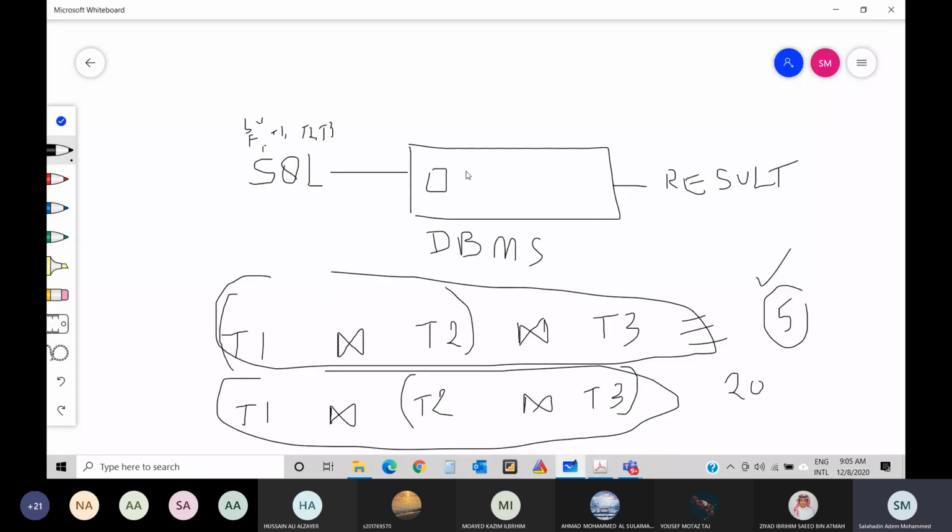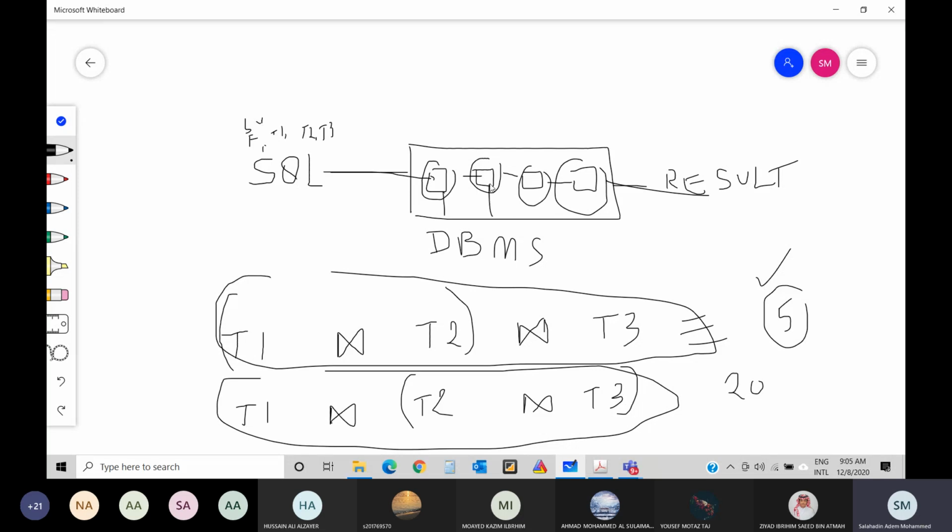What are the things that happen here? So I'll talk about the different phases. It means first of all, your SQL will go to this one. This will do something with it. Then it will pass it to this one. Then he will do something with it. Then it will pass it to this one. He will do something with it. And then it will pass to this one. Then it will do something with it. Then you will get the result.